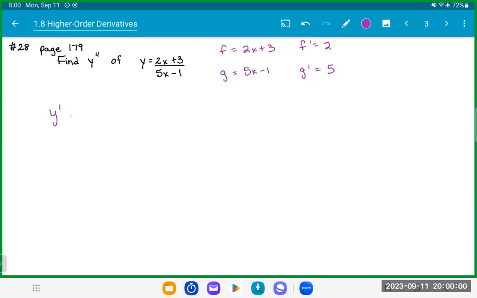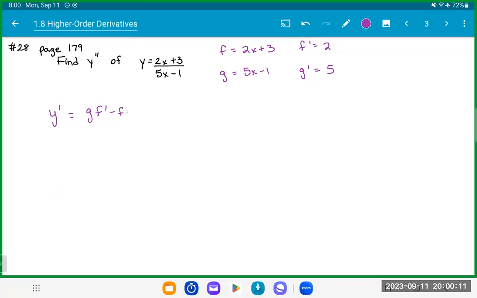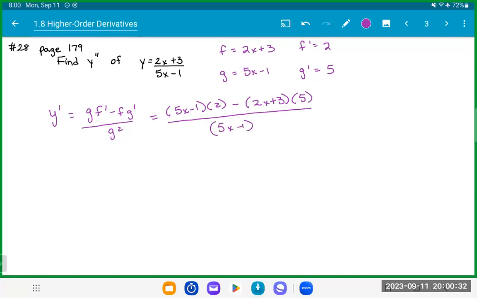So my y prime equals my g f prime minus f g prime over g squared. So this equals 5x minus 1 times 2 minus 2x plus 3 times 5 divided by 5x minus 1 squared.